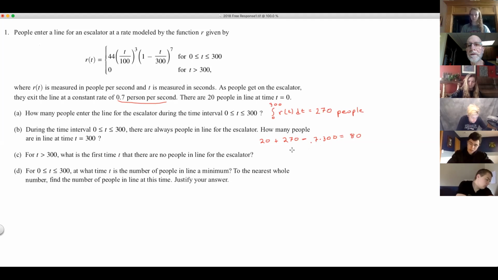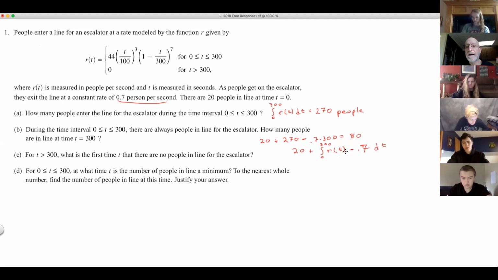This is how they give the answer in the rubric. You have your 20 plus the integral from 0 to 300 of R of t, which is what you just did in the first problem, correct? Minus 0.7 dt.